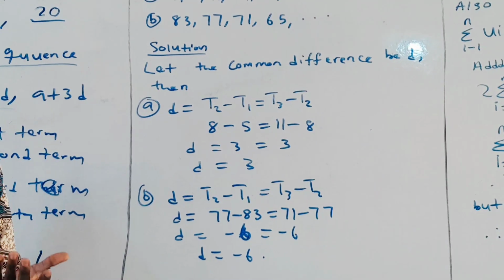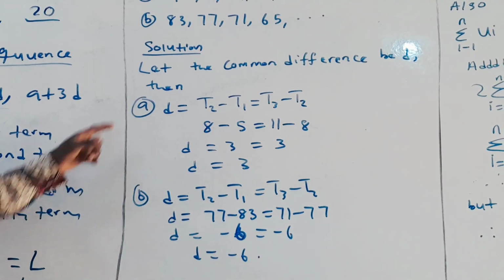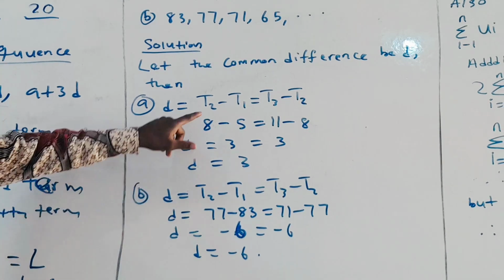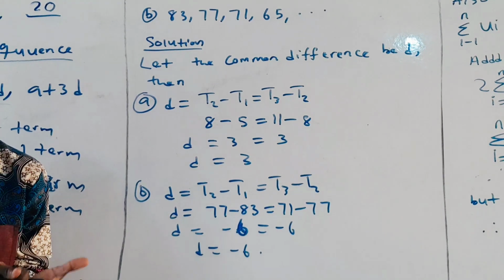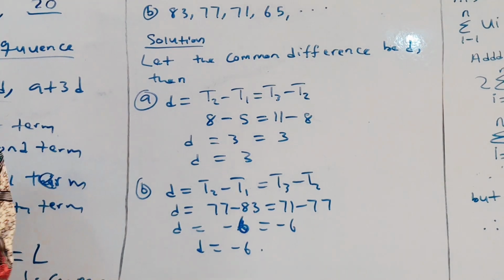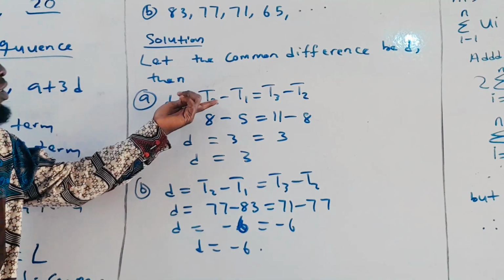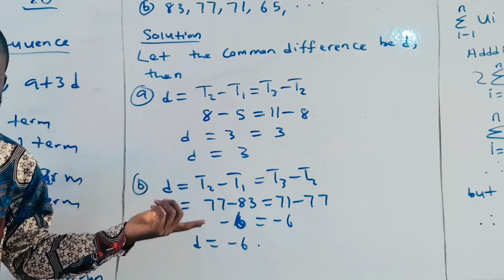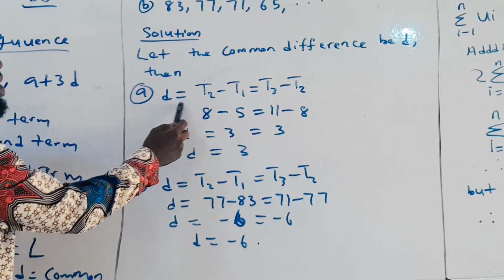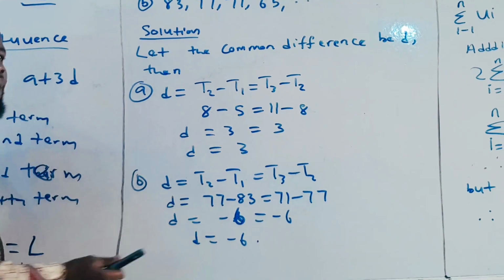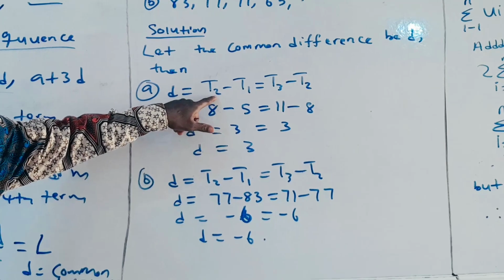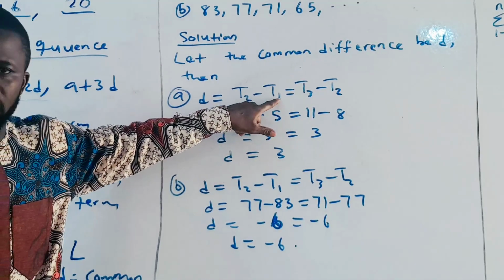The common difference, like I told you earlier, is called d. Then to get your d, some books use U1, some use T1. So we can either say U1, U2 or T1, T2. Now I'm using T2 here, so d will be second term minus first term.